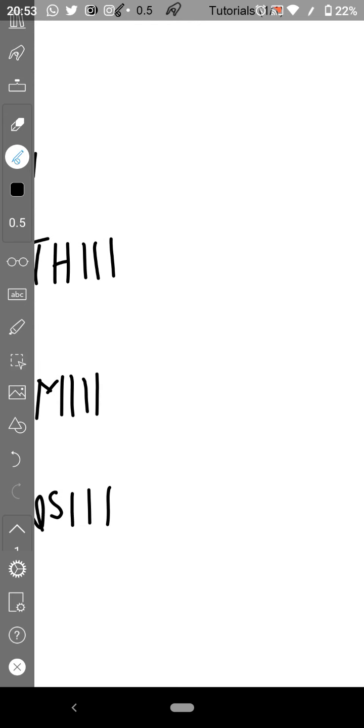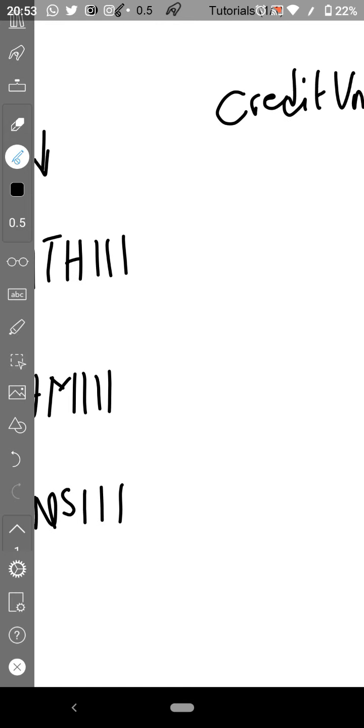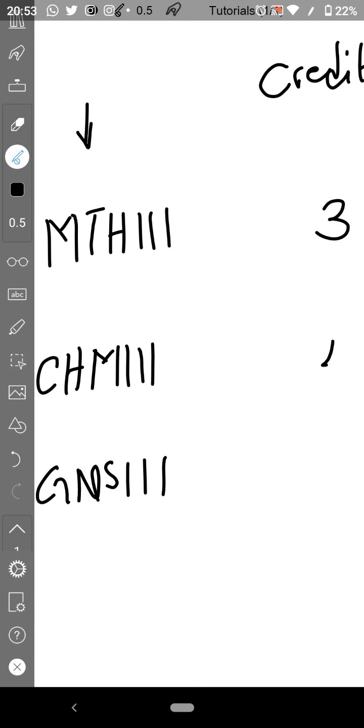Now you have the points, the credit units for each course. Let's say Maths has 3 credit units, Chem has 4 credit units, and GNS has 2 credit units. And again, it doesn't have to be the real thing as you're having in school right now. This is just for demonstrative purpose.